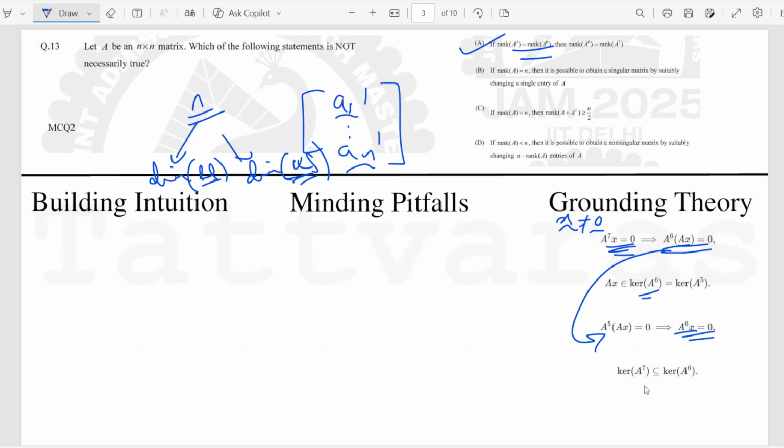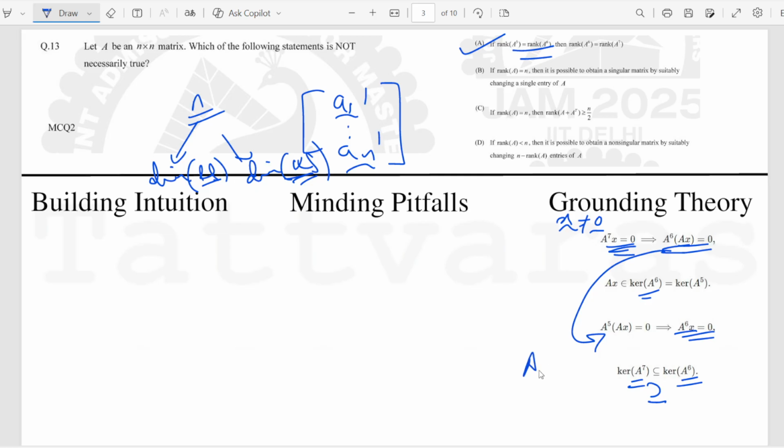This implies that the kernel space of A to the power 7 is a subset of A to the power 6, and the opposite is anyway true, that the kernel space of A to the power 6 is a subset of A to the power 7. This is a general thing.